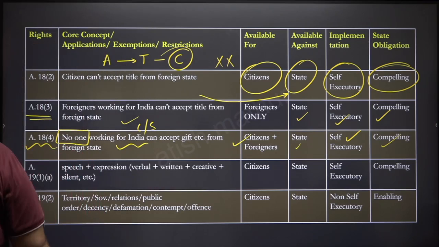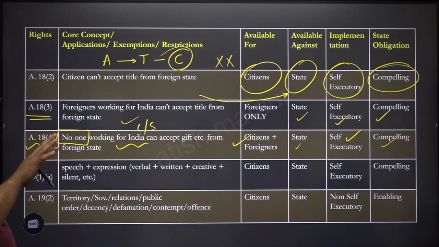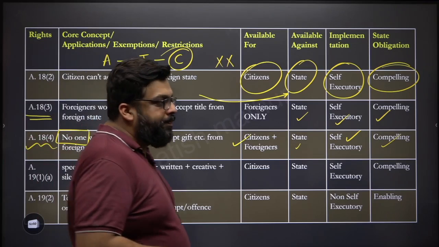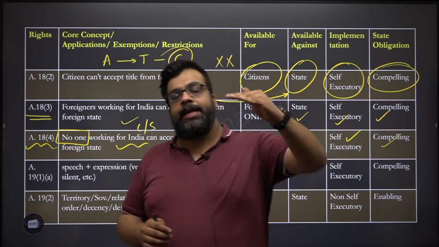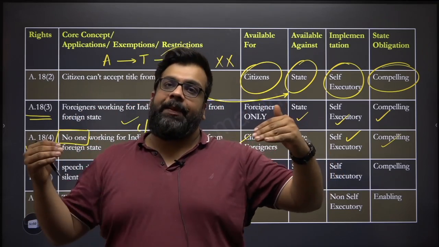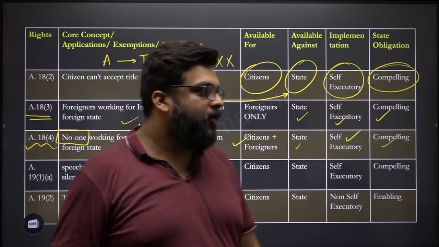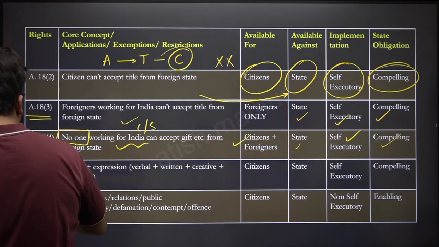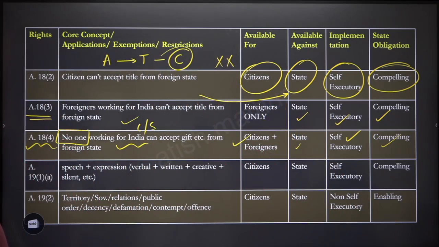So Article 19, interestingly, is one of those rare fundamental rights where you have substantive rights and reasonable restrictions written separately, and that's what comprises most of Article 19. On the whole, Article 19 is available against citizens, but there could be certain ramifications of it.